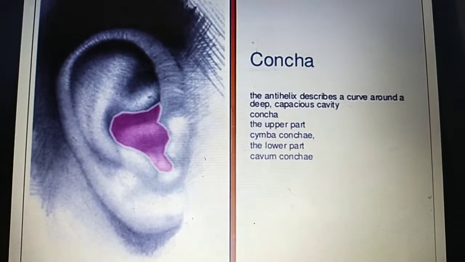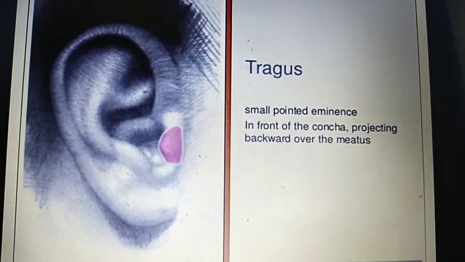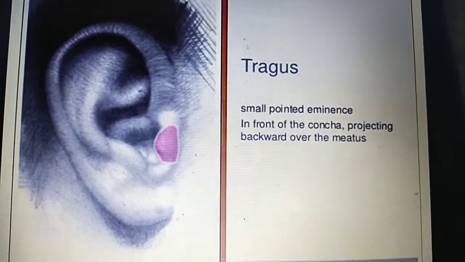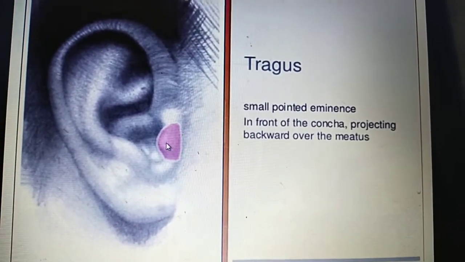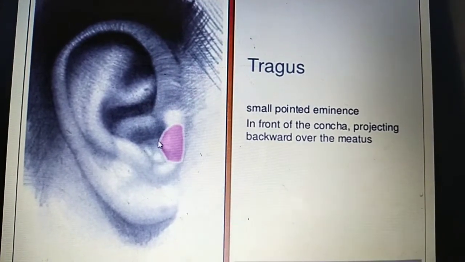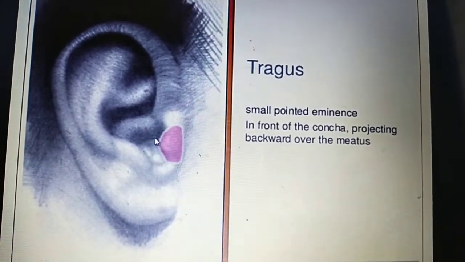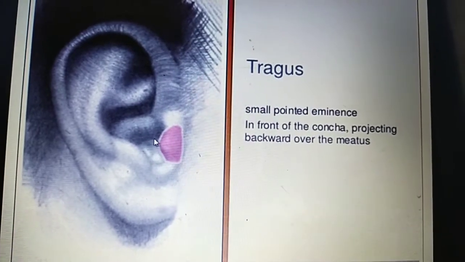Now the tragus is a small pointed eminence in front of the concha, projecting backwards over the external ear meatus.